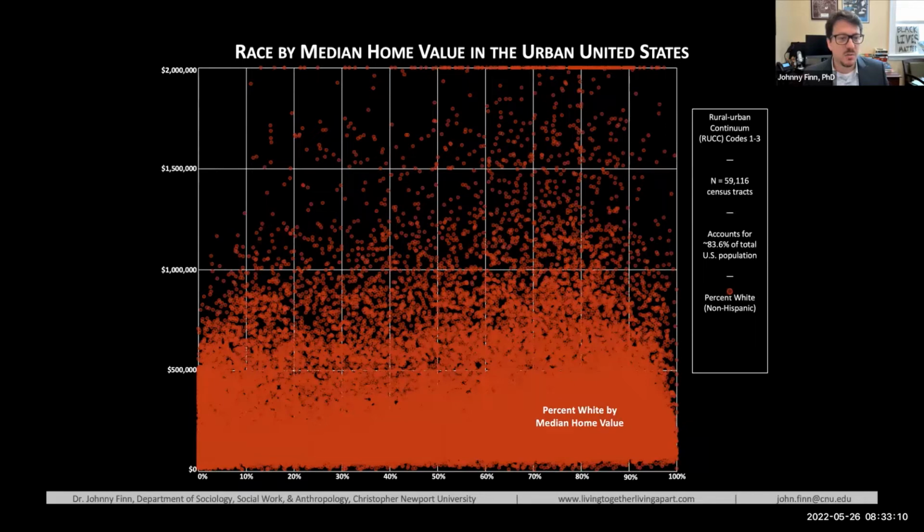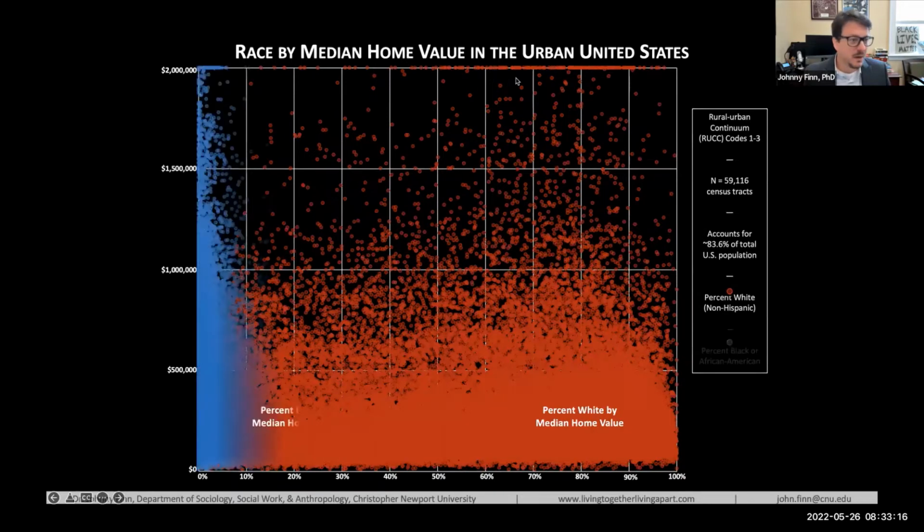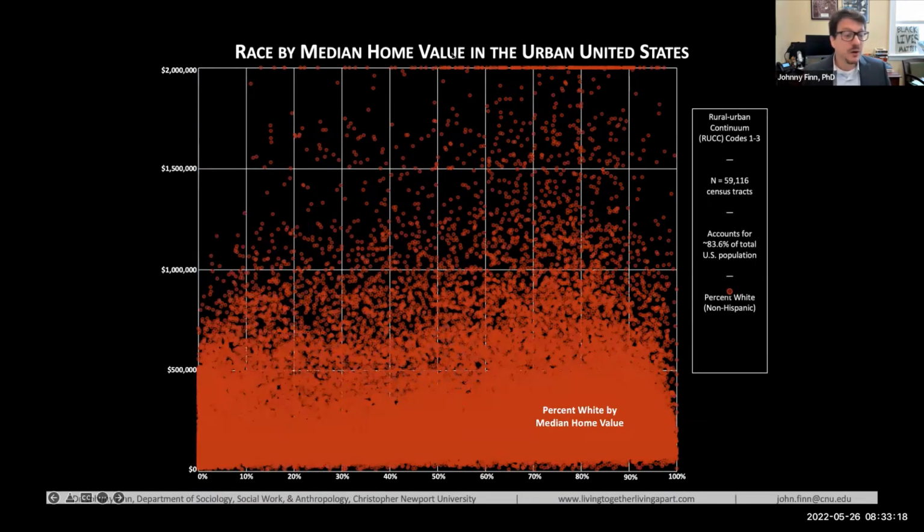And in fact, this correlation would look even stronger if it weren't for the census's top coding of median home value at the 2 million mark.